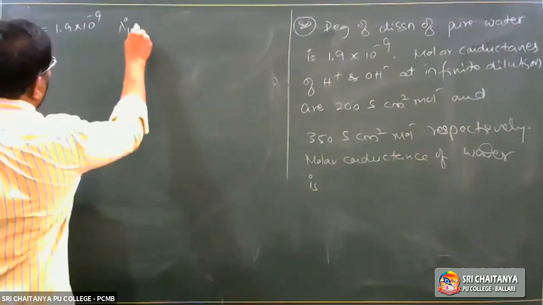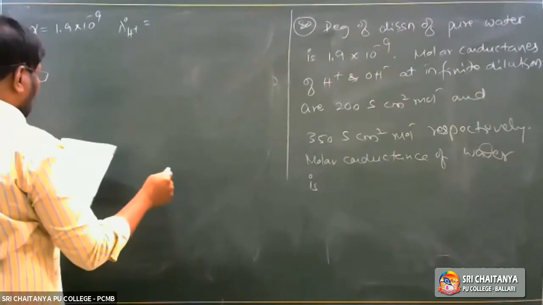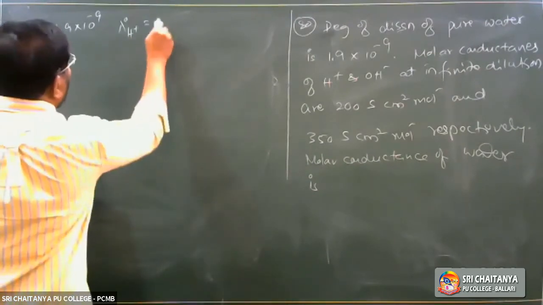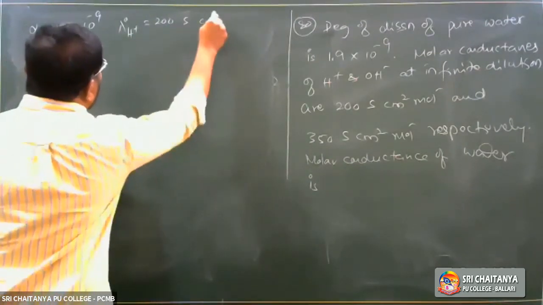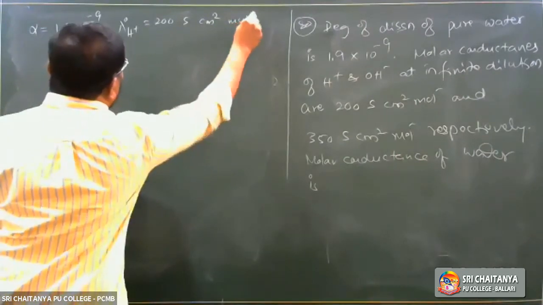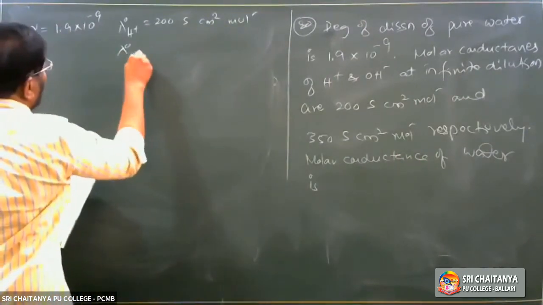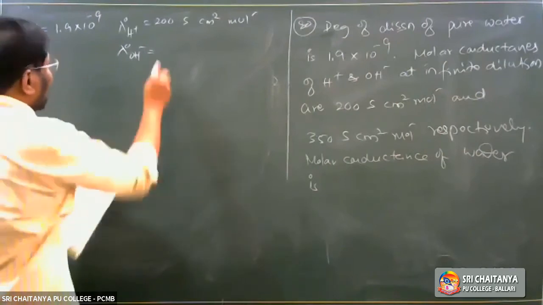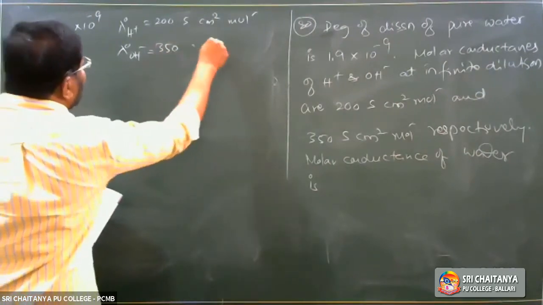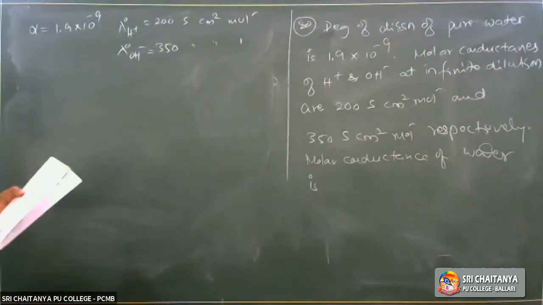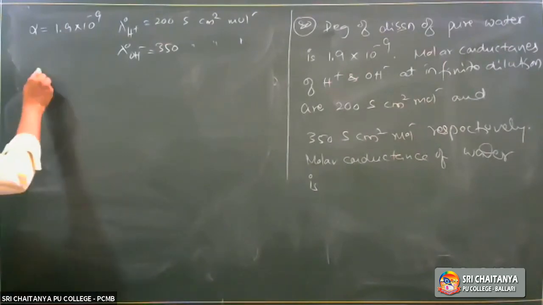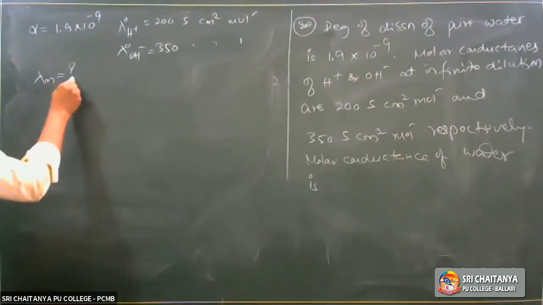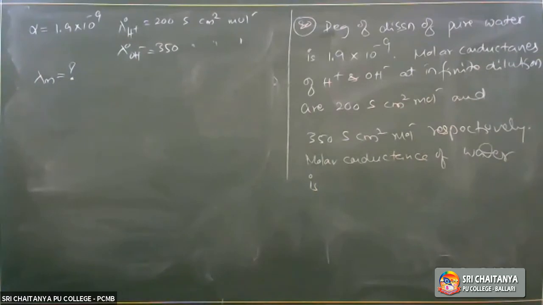So lambda naught H plus is 200 Siemens centimeter square mole inverse, lambda naught OH minus is 350, same units given, right? Then molar conductance, this they are asking. Lambda m is how much?